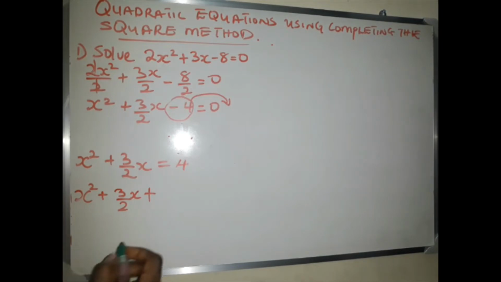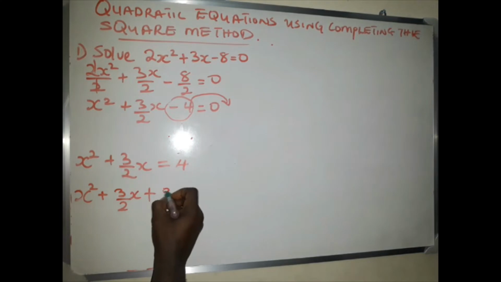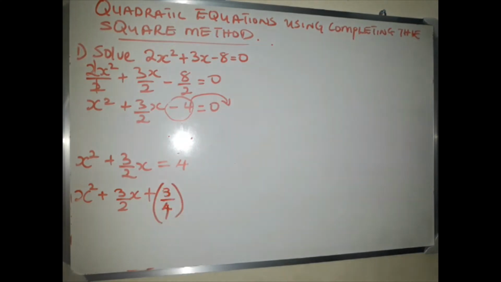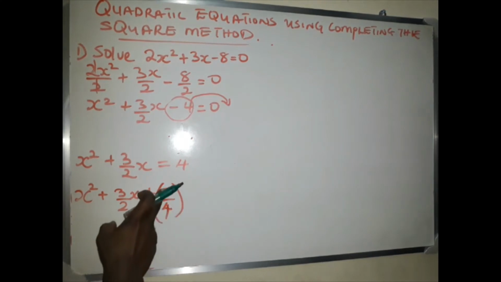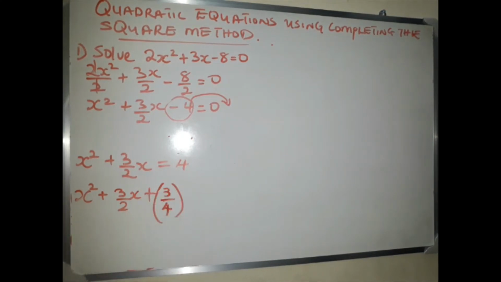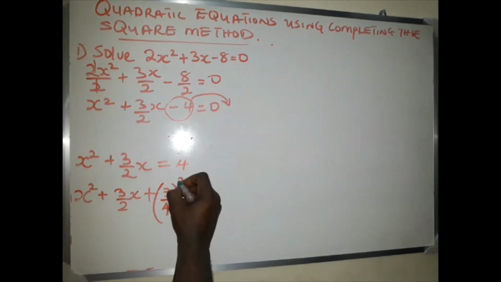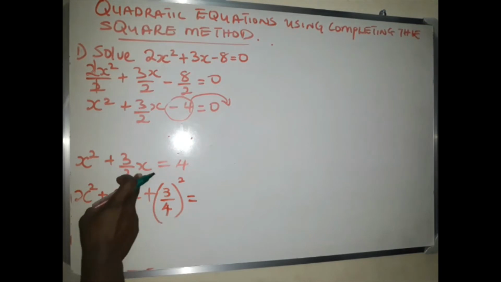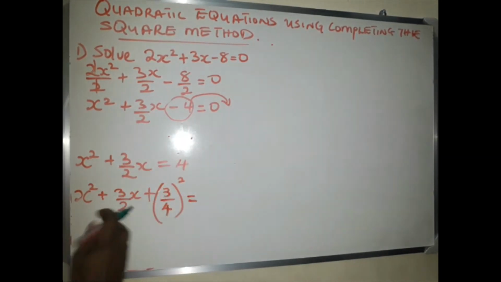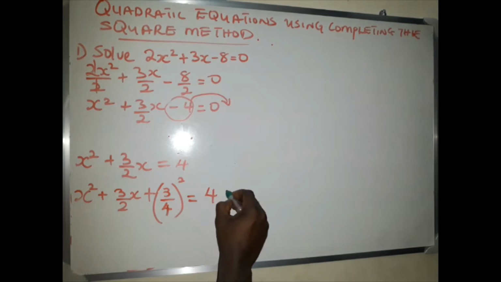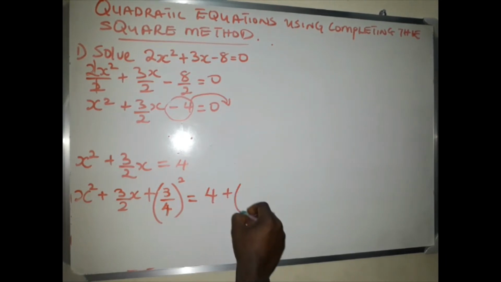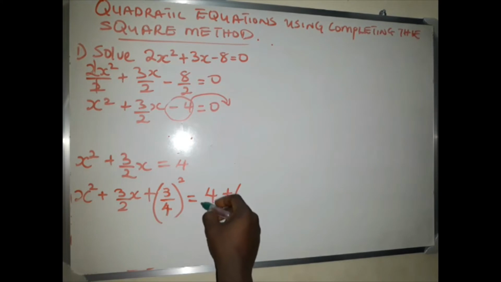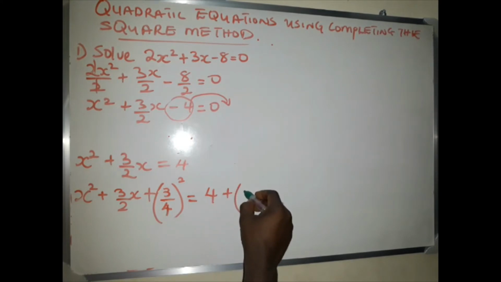If you know your fractions very well, you know that half of 3 over 2 is 3 over 4, and then you now square it. So you add the square of half of the coefficient of x to both sides. So this is the left hand side. You now do the same on the right hand side. You add the square of half the coefficient of x, which is this.